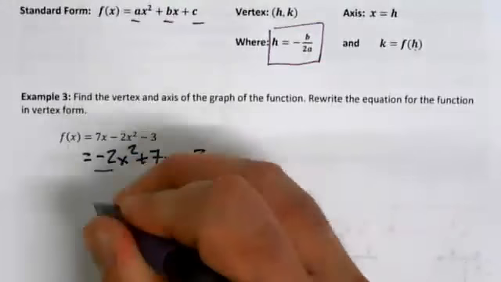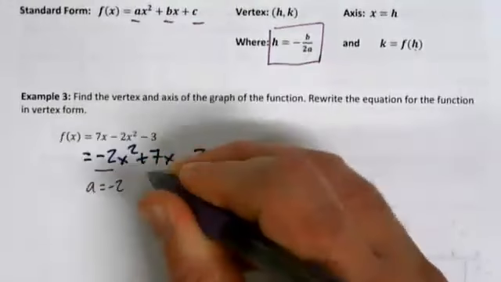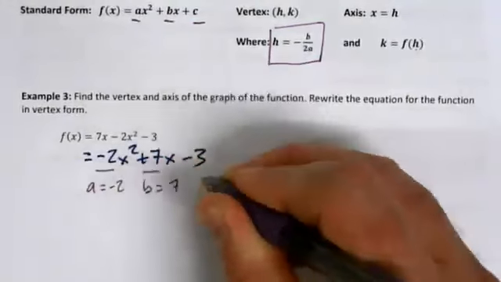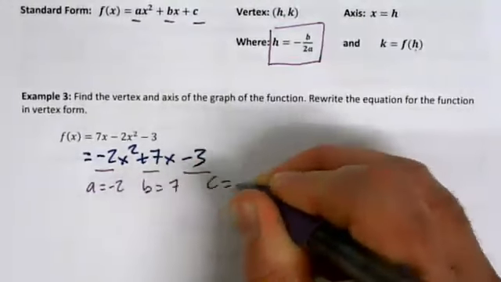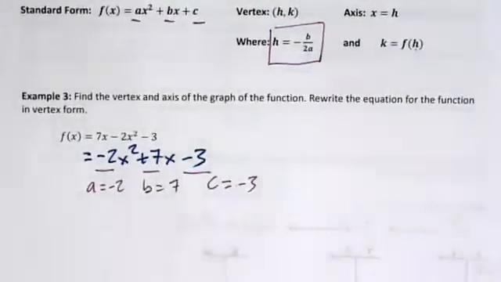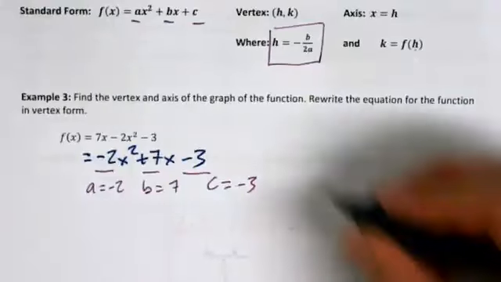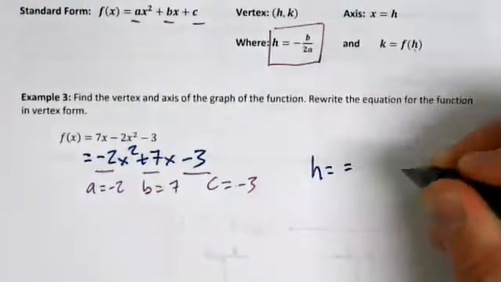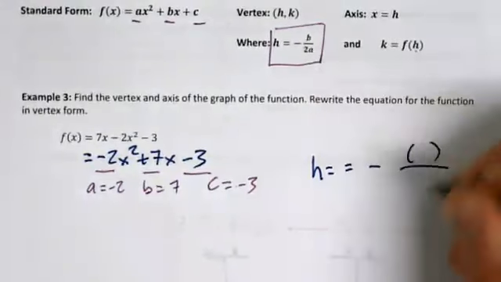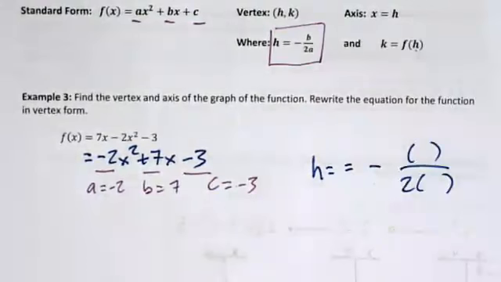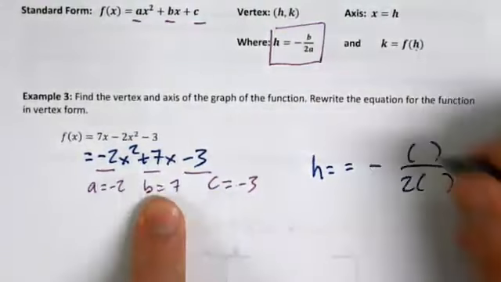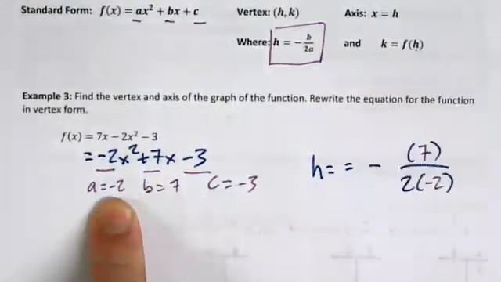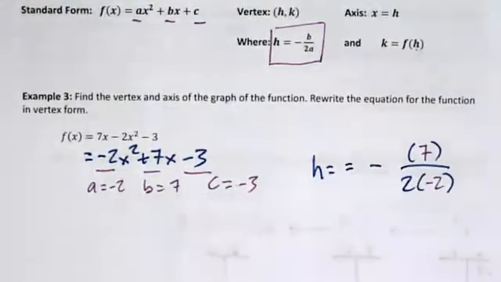All right, so now that I got it in the right form, A is -2, B is 7, and C is -3. Just like with the quadratic formula, we never include x's in our A, B, and C. So then H is just going to equal the opposite of B over 2A. And B was 7, and A was -2, so I'm just filling in those values.